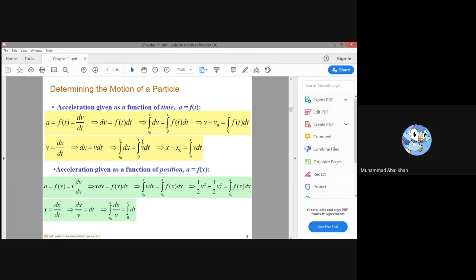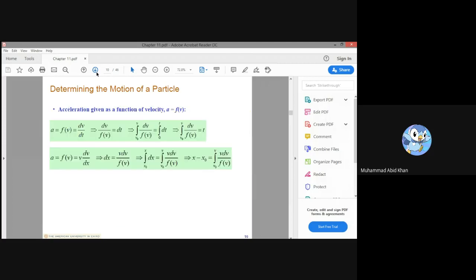Okay, now I'm going to the next part. Acceleration given as a function of position, a is equal to f of x, and the same equations are given here. Don't worry, this file I will attach on the Uzum account. You can download it.